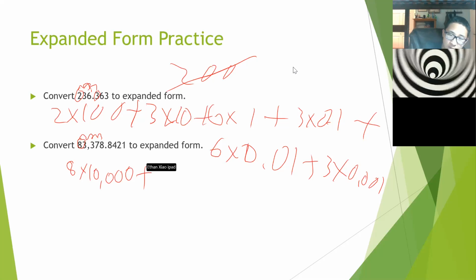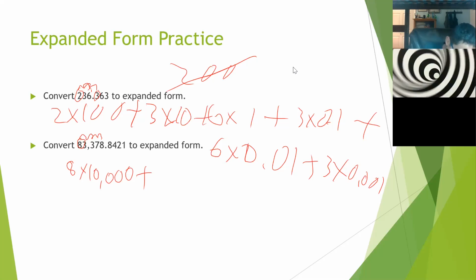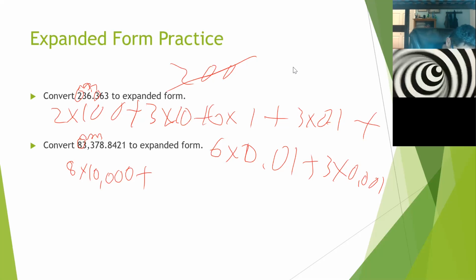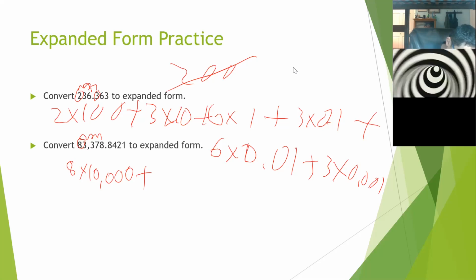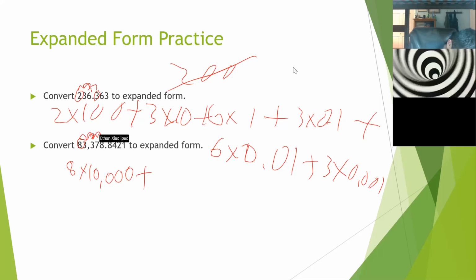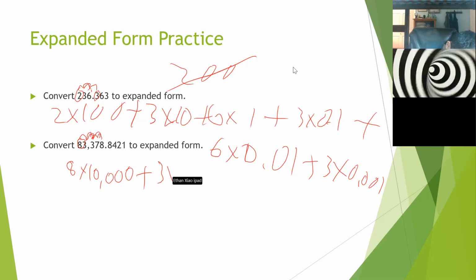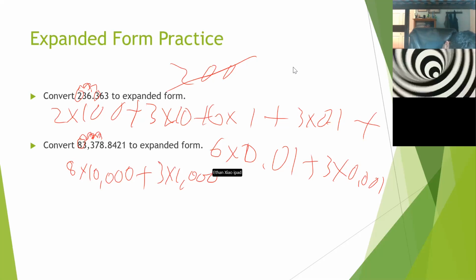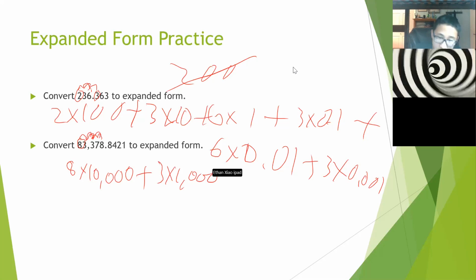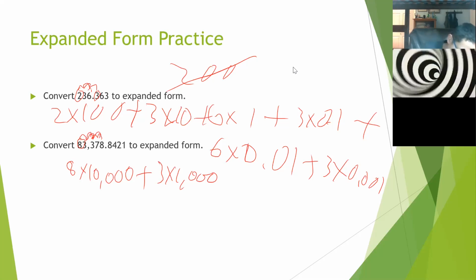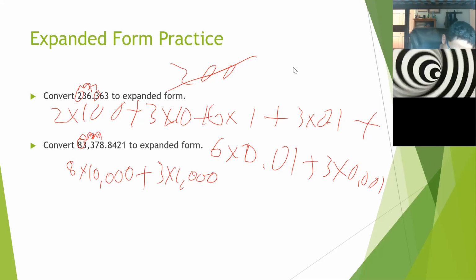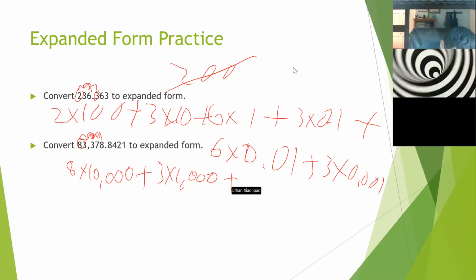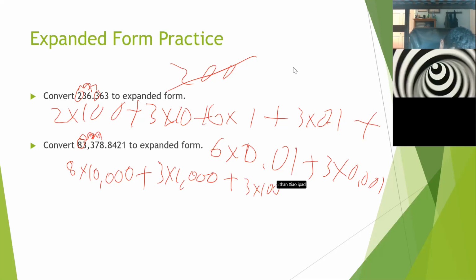Next, we're going to look at the 3 that's after that. The 3 is in the thousands place since it's only 3 spaces away from the ones digit: 1, 2, 3. So 3 times 1,000. Next, we're going to look at the second 3. Since that's 2 spaces away, it is the hundreds digit, plus 3 times 100.